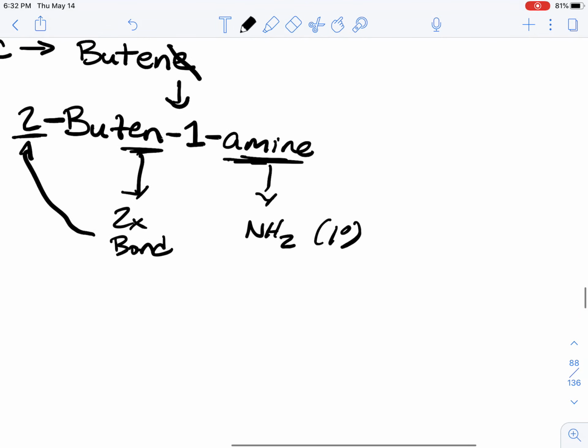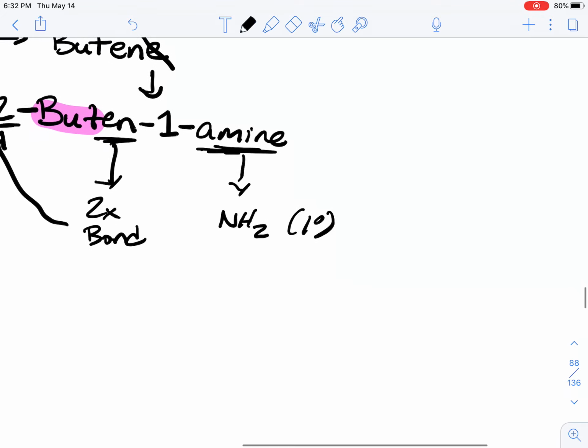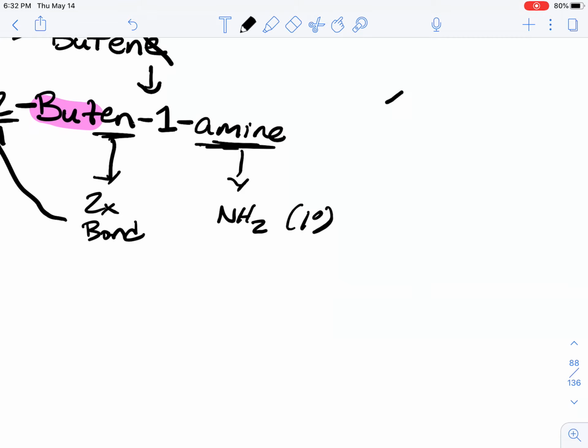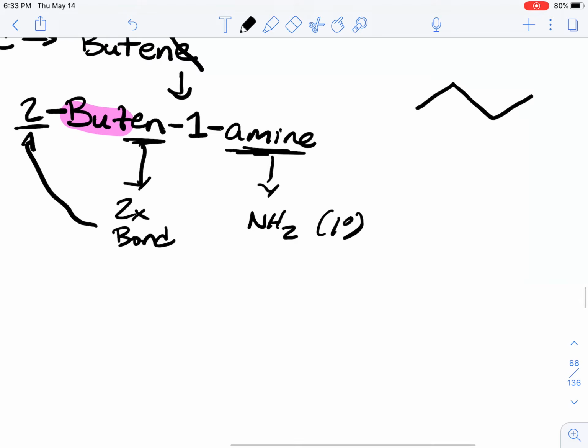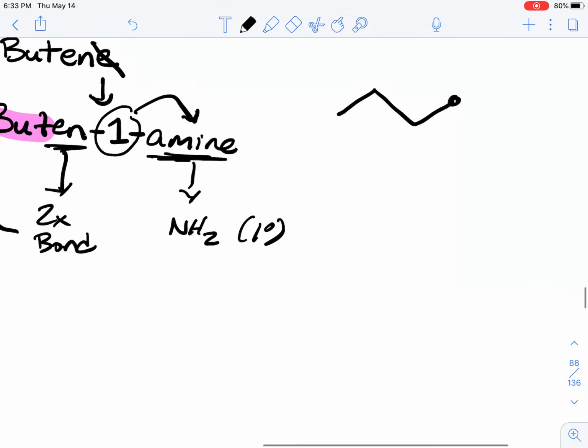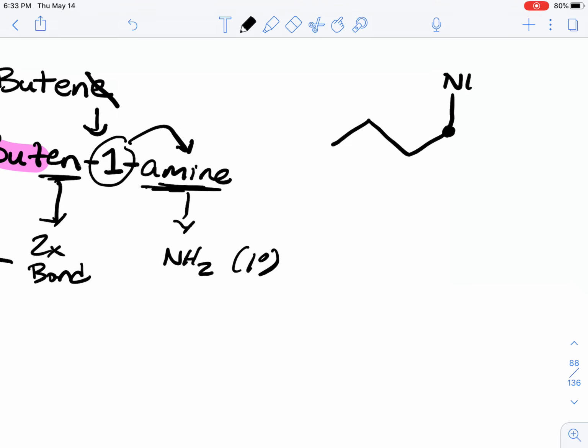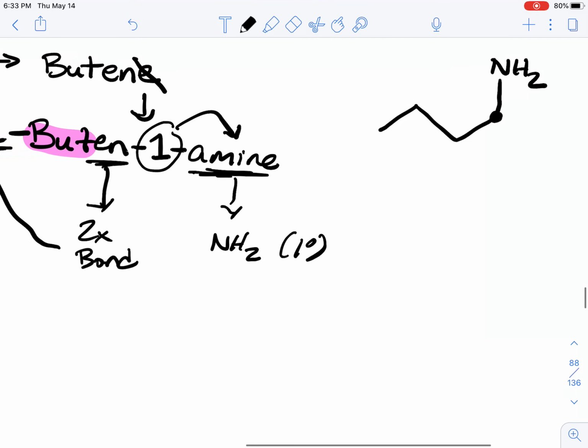And so once again, if you're trying to draw this out, since I have a but, I know that I have a 4-carbon compound, 1, 2, 3, 4. And on the first carbon, I have an amine. So if this is carbon 1, I need to make another covalent bond, then put my NH2.